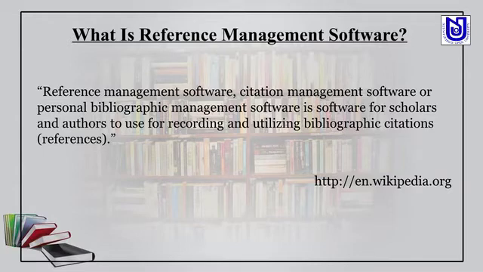Reference management software or system is also recognized as citation management software or personal bibliographic management software for scholars and authors to use for recording and utilizing bibliographic citations, academic citations.